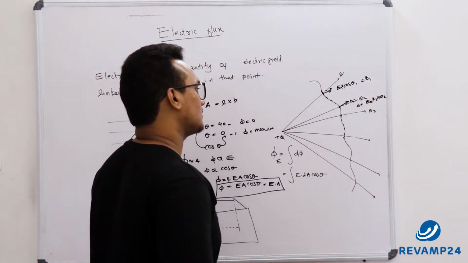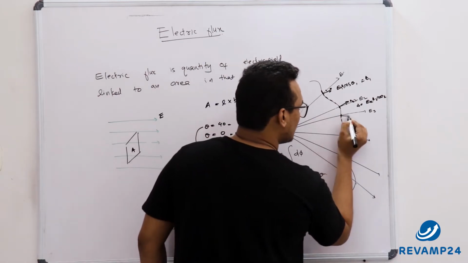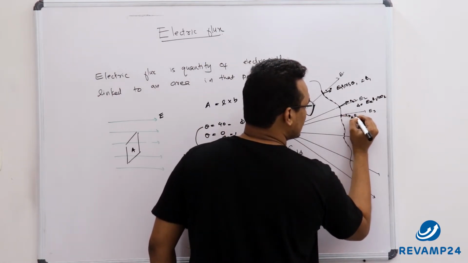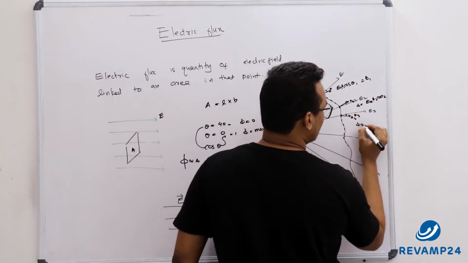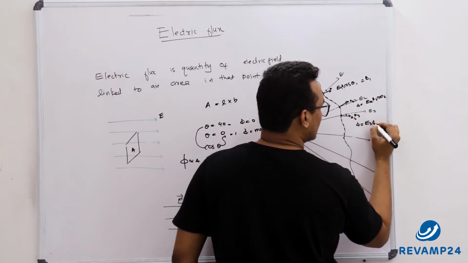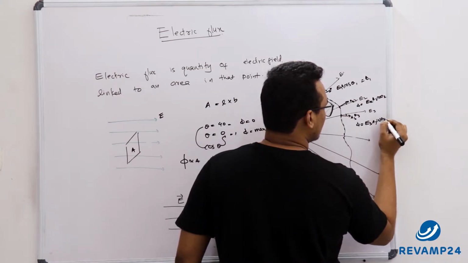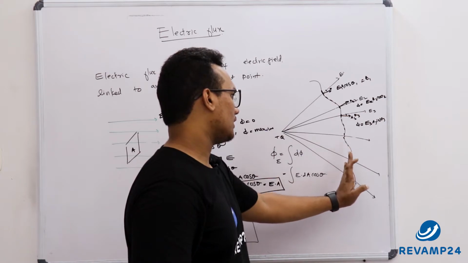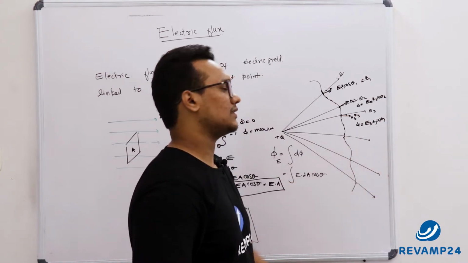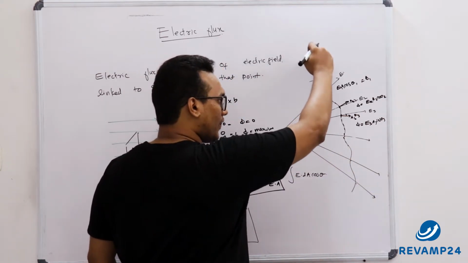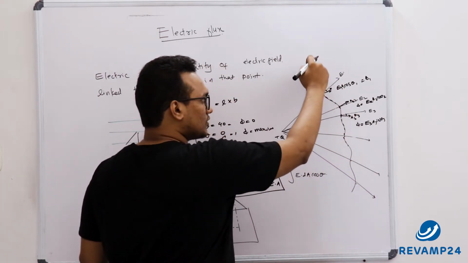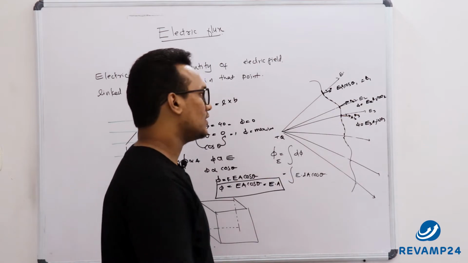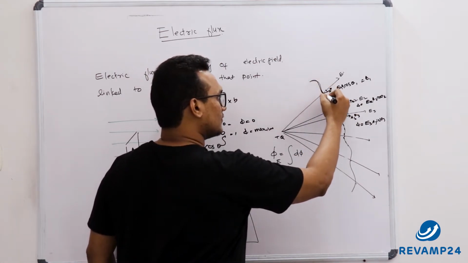At E3 the normal is in this direction and this is A3, the angle is theta 3, so the flux is E3 A3 cos theta 3. Similarly, E4 A4 cos theta 4, E5 A5 cos theta 5. Similarly, you find the flux for all the areas you have considered. Then add all the values, and we will get the total flux linked with this area.